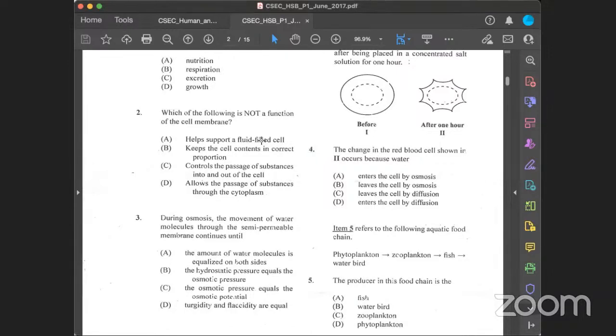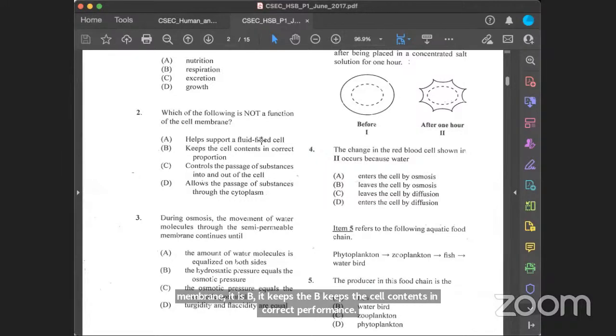I want us to read the question and the answers, please. It is B. It keeps the cell contents in correct proportion. What does that?